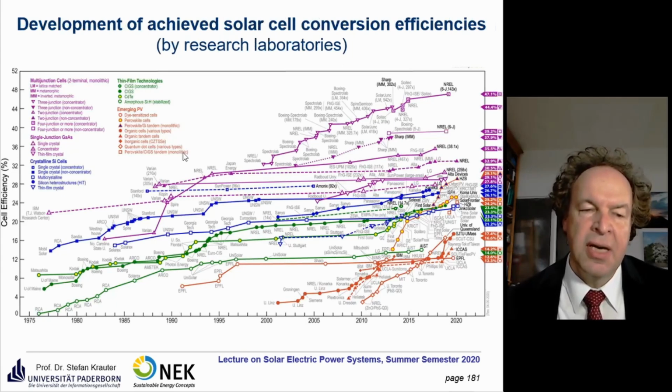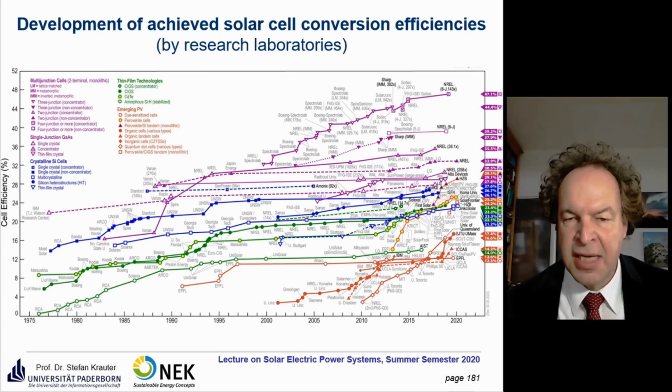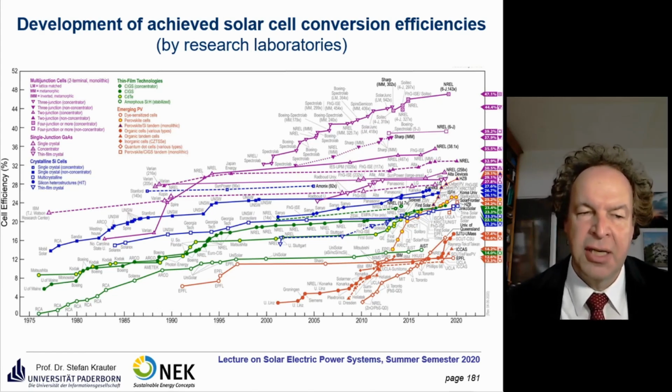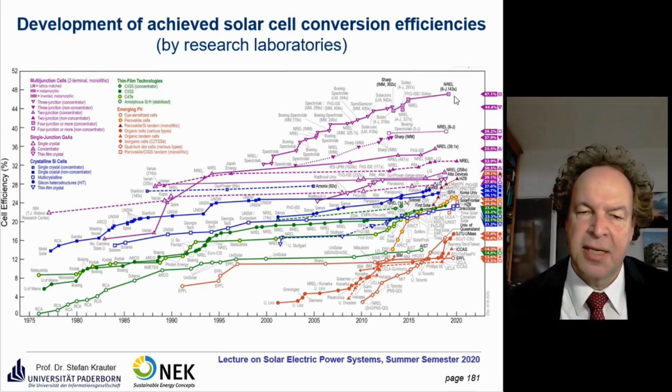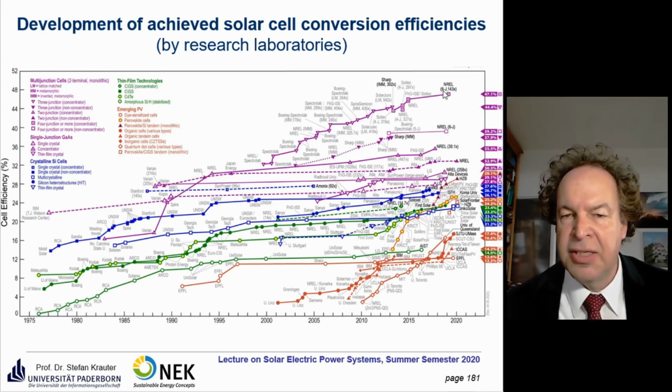Here you see the actual achieved conversion efficiencies of solar cells with the different technologies. They are represented in different colors. You see here that the multi-junction solar cells, not only tandem solar cells, but there could also be, for example, here this NREL a 6-junction cell with a light concentration of 133.